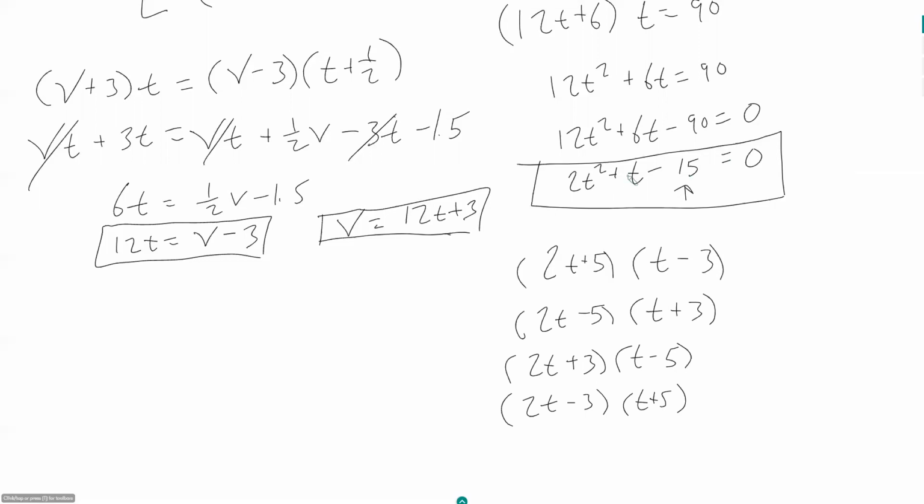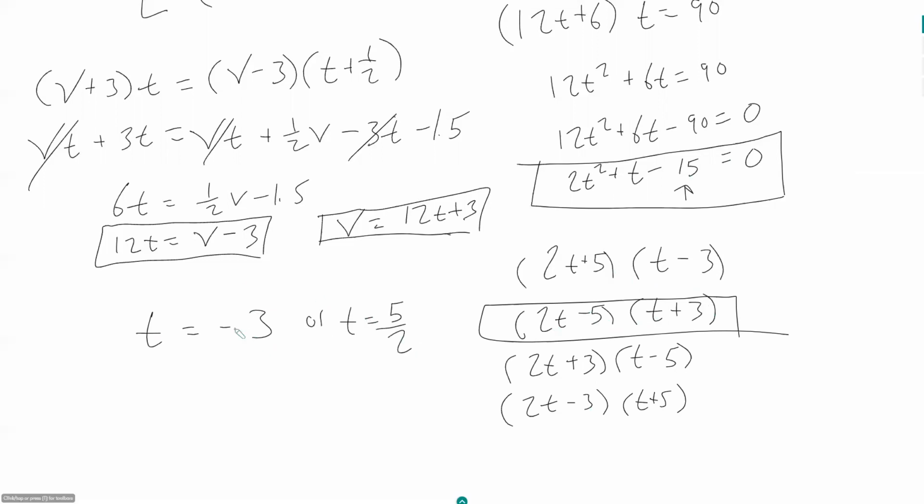So which one of those gets me here? So I need a coefficient of 1 in the middle. So 2t squared minus 6t plus 5t, so that's a negative 1. 2t squared plus 6t minus 5t. So this is my guy. So this is telling me now t is either equal to negative 3 or t is equal to 5 halves.